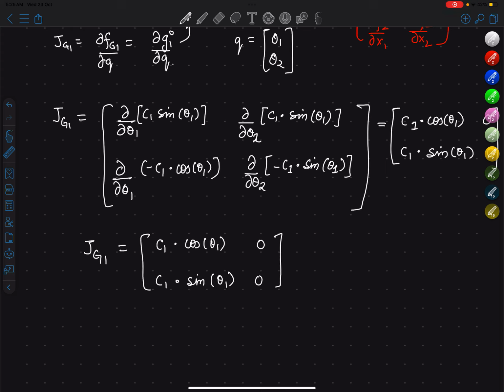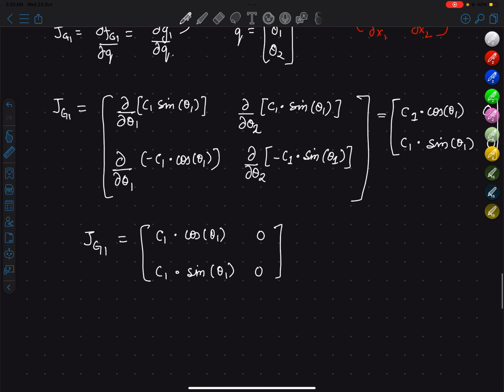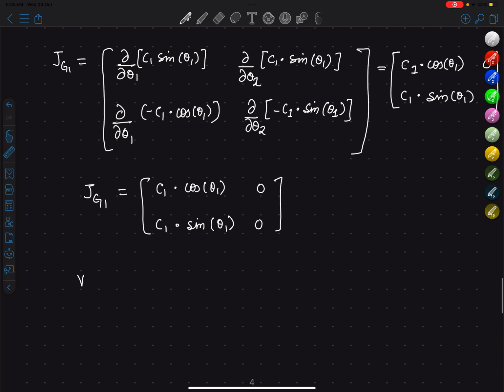So this is the Jacobian. Let's now try to find the velocity of g1. The velocity of g1 is given by Jg1 dot q dot, and q dot is theta 1 dot, theta 2 dot.